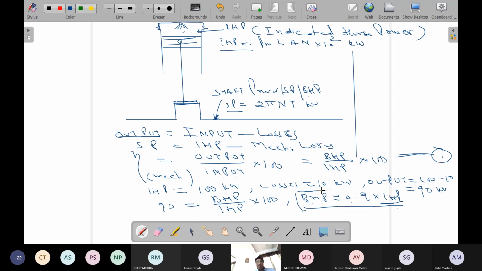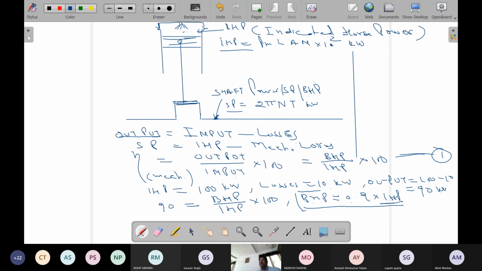Now let us say they say that losses are 10%. If they say mechanical losses are 10%, what does it mean? It means mechanical efficiency is 90%, correct? Yes or no?